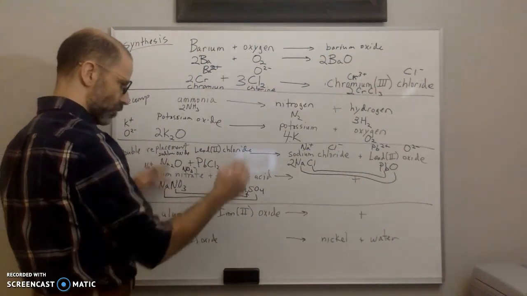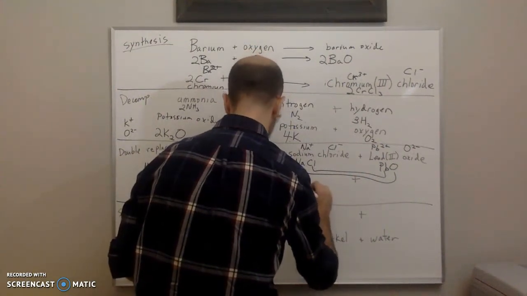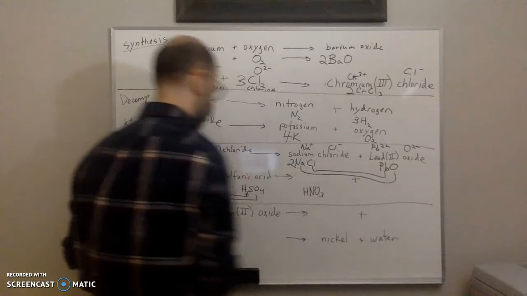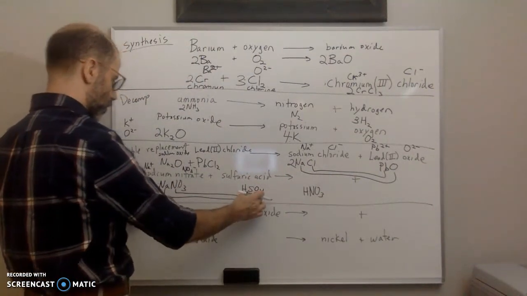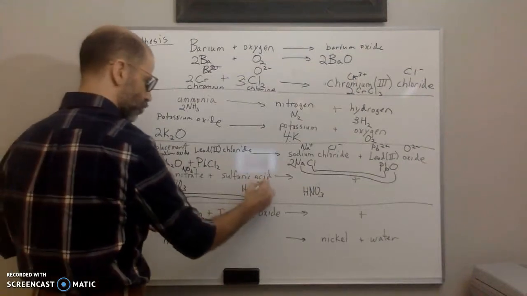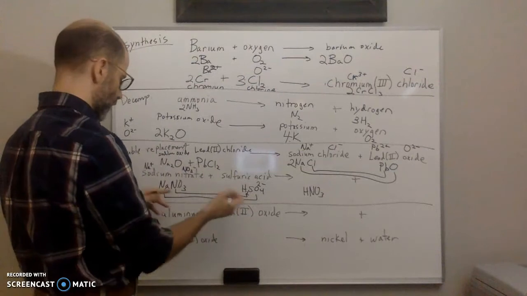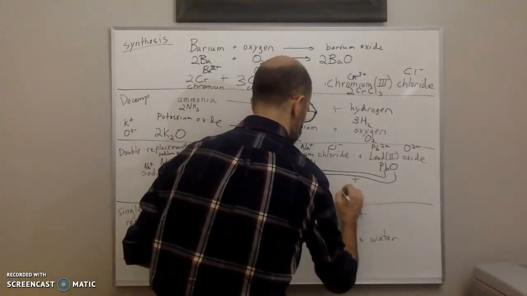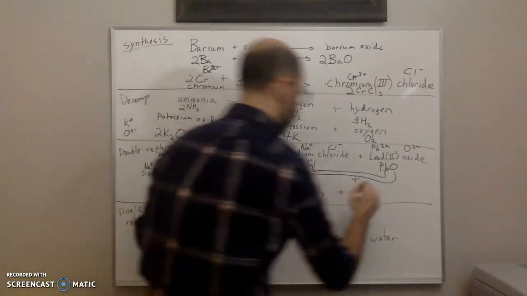Nitrate has a -1, so theirs are going to go together. So it's going to be HNO3. And then the sodium and sulfate are going to go together. Sulfate has a 2- charge on it. Sodium has a +1 again. So I need 2 sodium to balance out the charge. So plus Na2SO4.